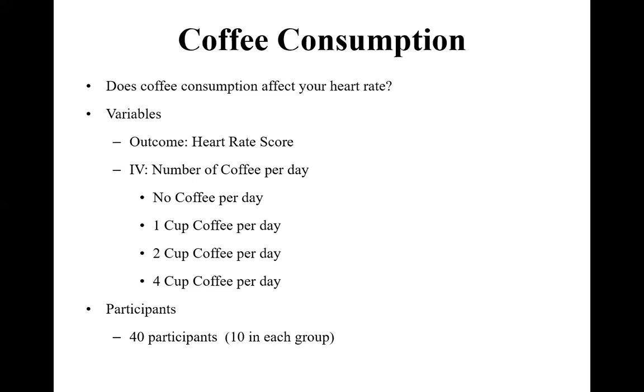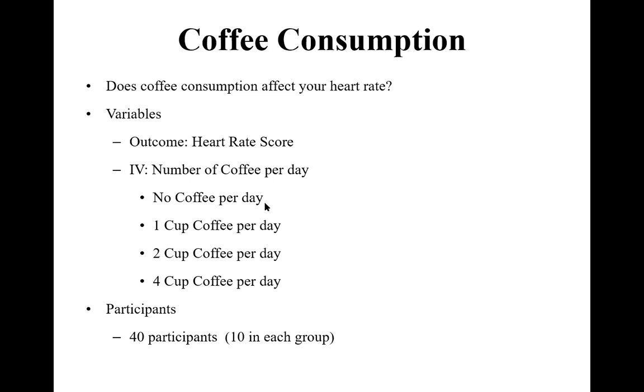Third group, we are giving 2 cups of coffee per day, and after that we will measure. This process will continue for at least 1 month, and after 1 month we will take the heart rate score.